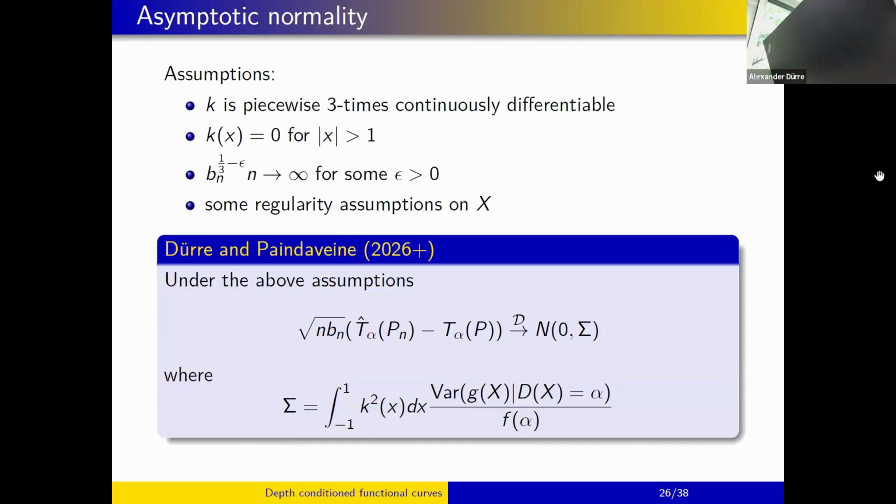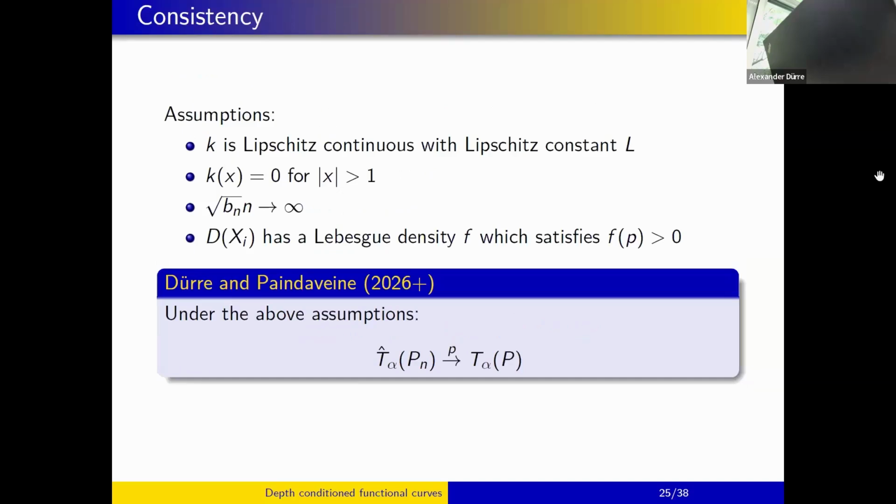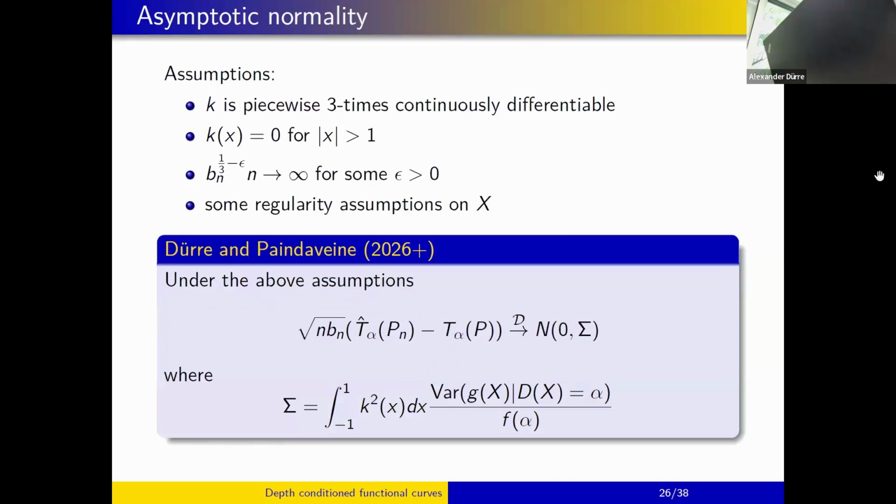It is some integral about the kernel. I mean, you choose the kernel, so you know the integral, and some conditional variance. But the conditional variance is not so much a problem, because this is just a conditional expectation, of the kind we have treated here. So here we have exactly shown that we have a consistent estimator for such things, so we can estimate it without problem.